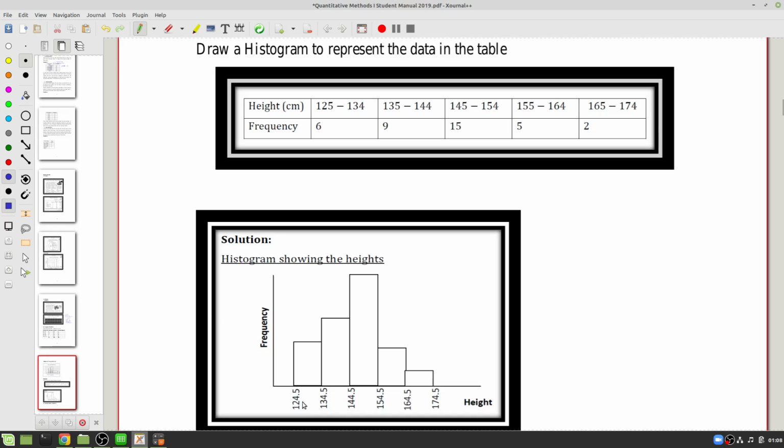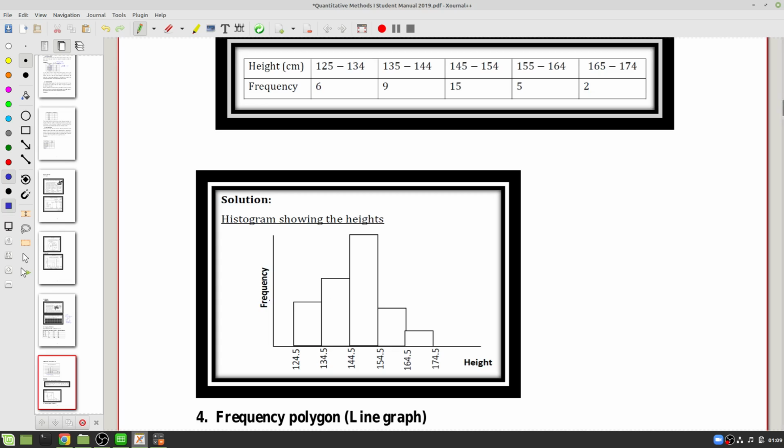For the boundaries, we subtract 0.5 and add 0.5. So 125 minus 0.5 is 124.5, and then you just write the starting value of each one: 124.5, then the starting value of the next one, 134.5, 144.5, etc. And then you draw your histogram with your frequency over here.